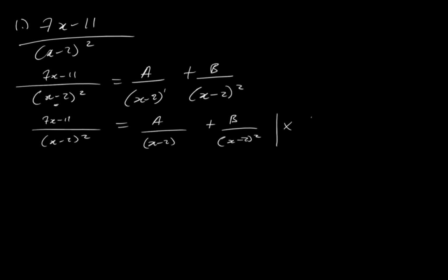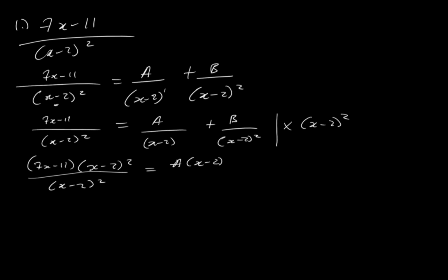Multiply everything by x minus 2 squared. So you have 7x minus 11 times x minus 2 squared over x minus 2 squared is equal to a times x minus 2 squared over x minus 2 plus b over x minus 2 squared times x minus 2 squared.